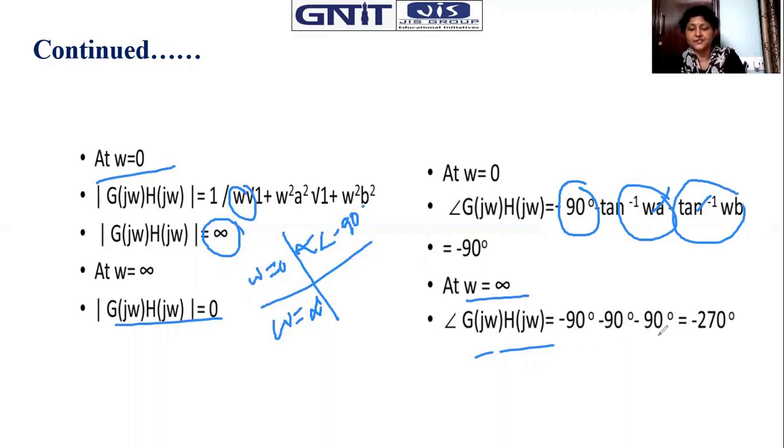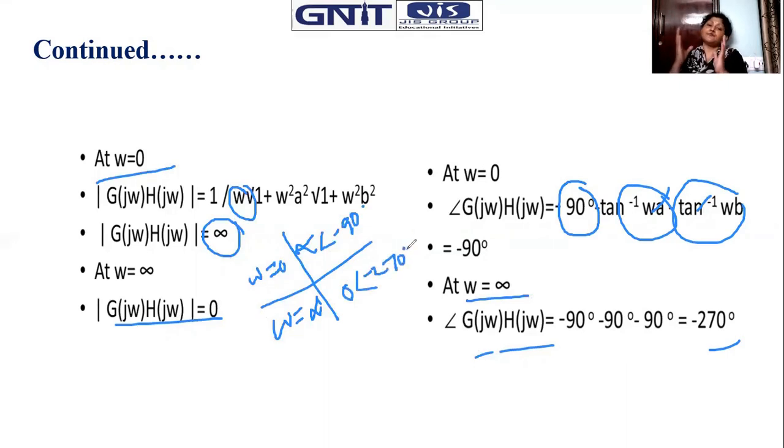So 270 degrees are covered. That means it is covering the negative quadrant, the third quadrant, then it is coming to the second quadrant, and it ends at magnitude 0. So it is merging to the origin. So you can say here 0 magnitude with the angle minus 270, right?